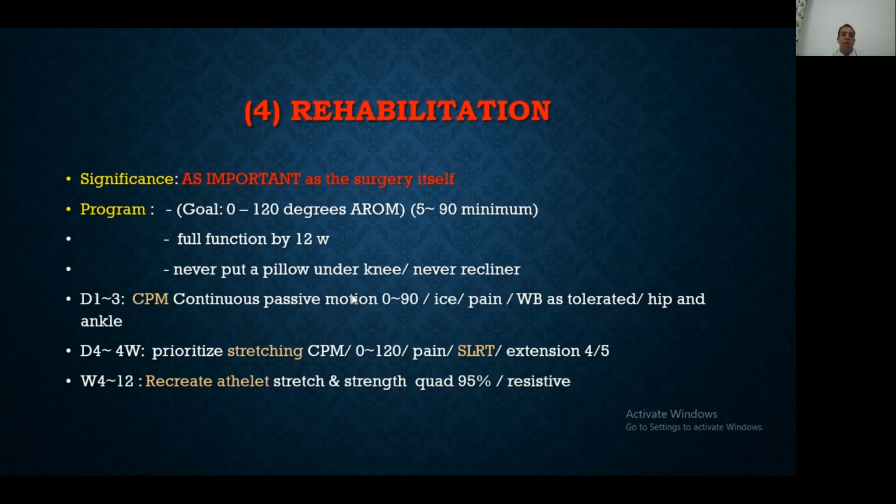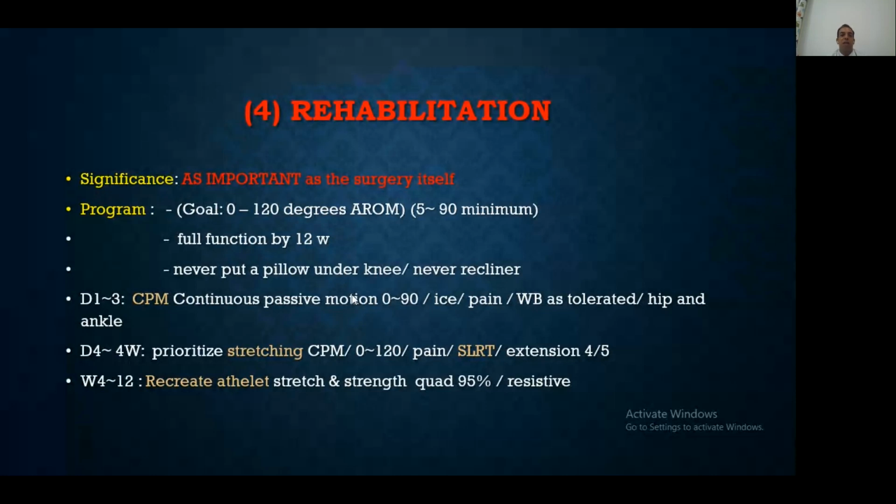Usually during the first 3 days, it's between 0 to 90. The patient is not actively moving the lower limb, but the machine itself moves it to flex and extend the knee.